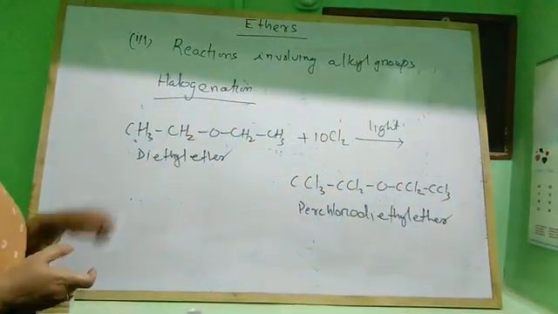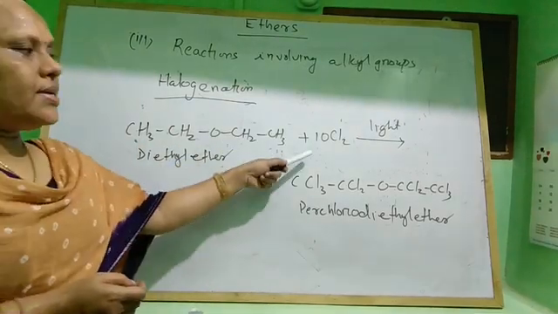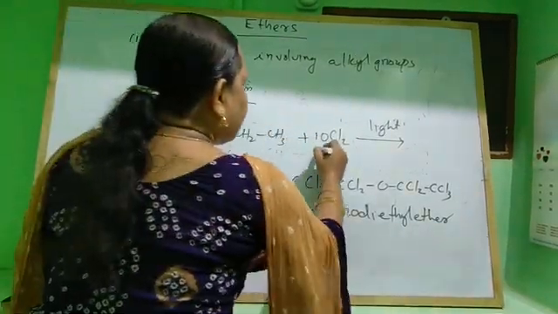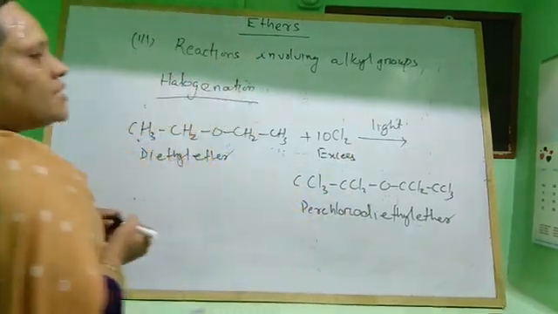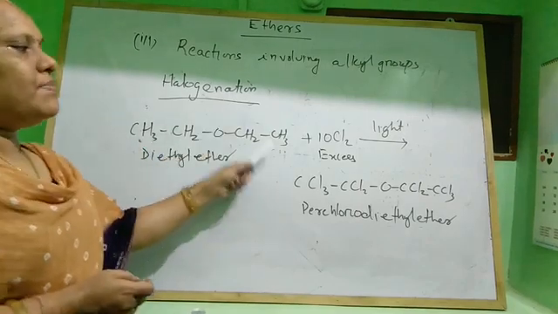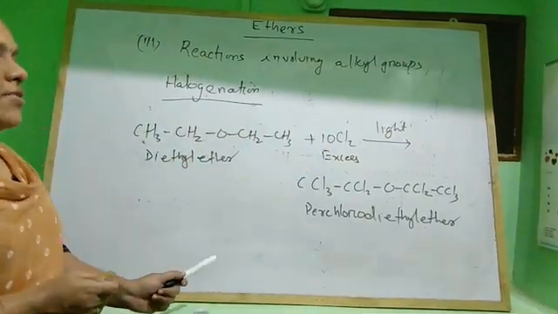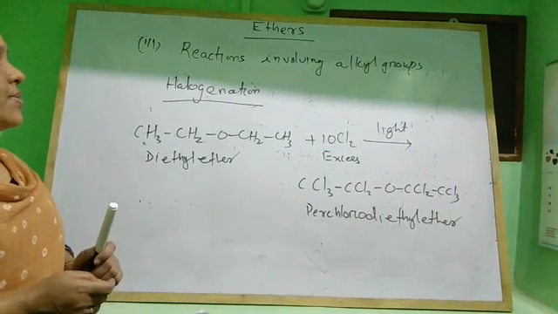So if diethyl ether reacts with chlorine in excess, in presence of light, then all the hydrogen atoms are replaced by chlorine and it forms perchloro diethyl ether. Okay.